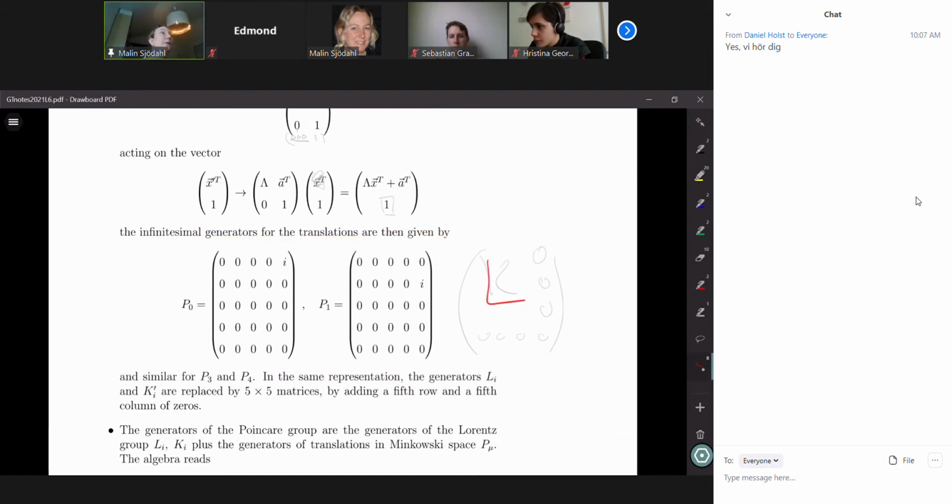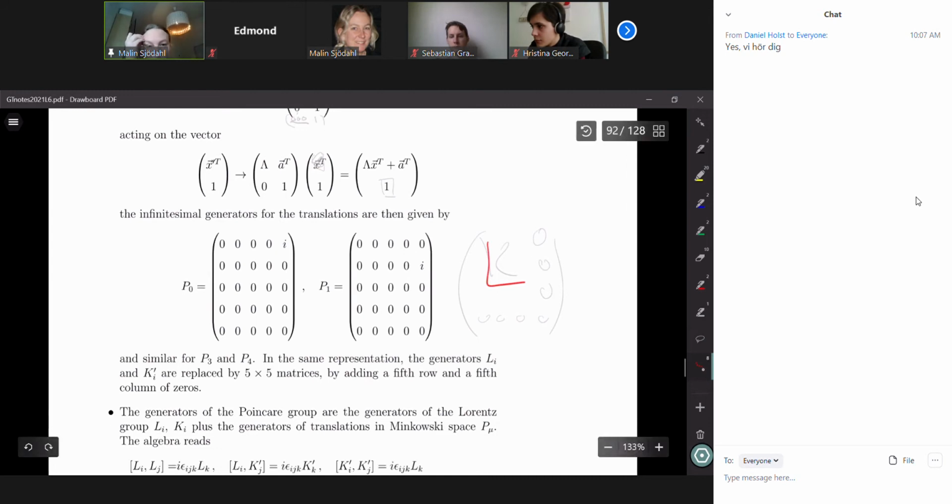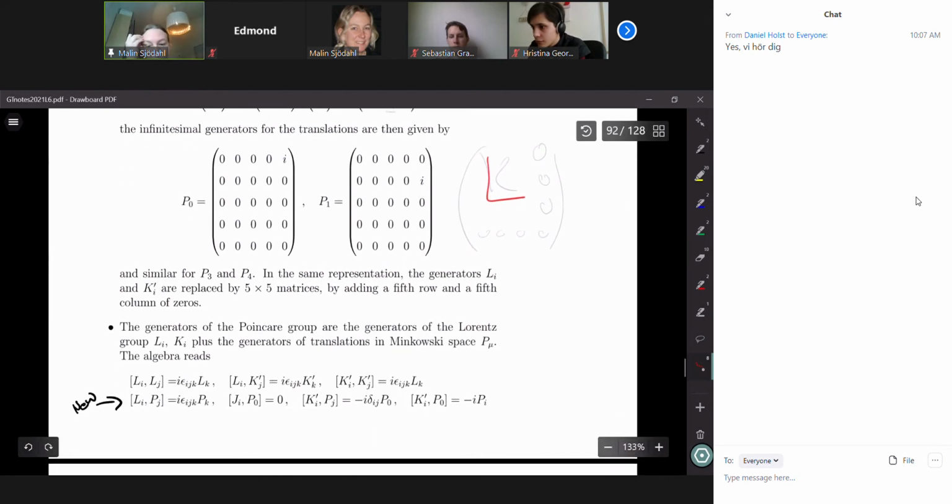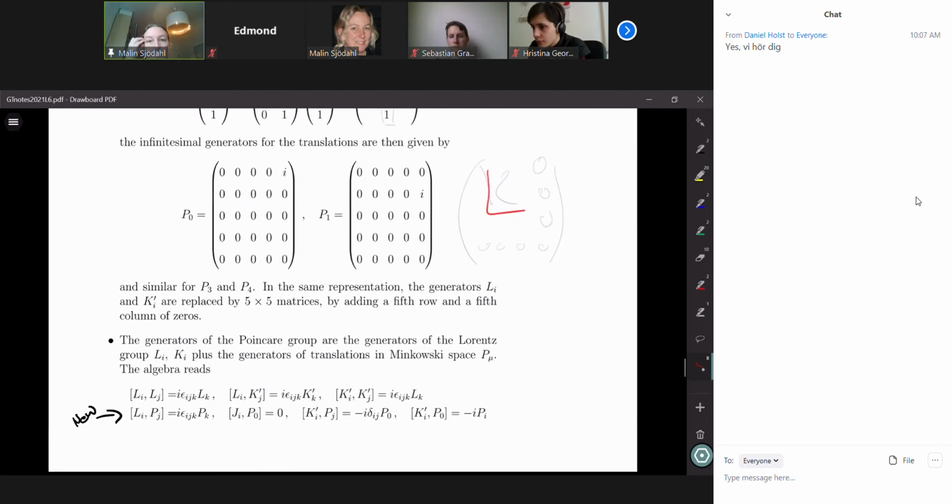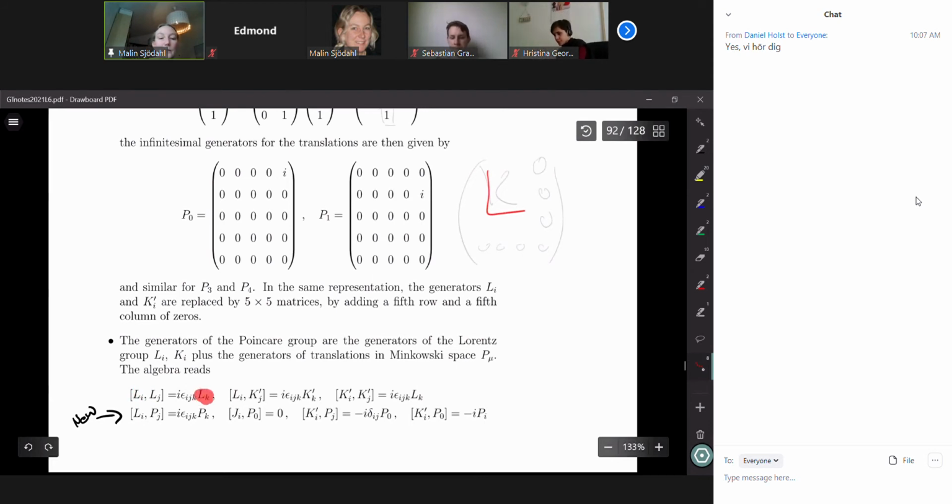Then in terms of that, one can write down the algebra. So the algebra is obtained by straightforward matrix multiplications. And we see that first we have what we had before: the rotation generators I and j essentially give the third remaining rotation generator.